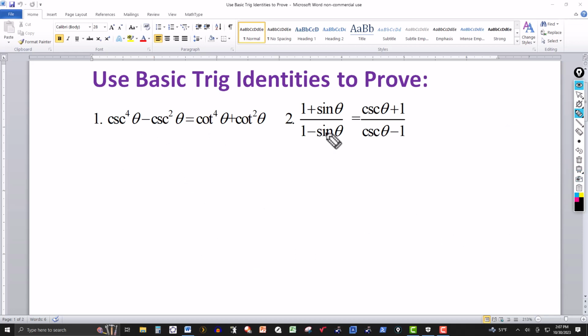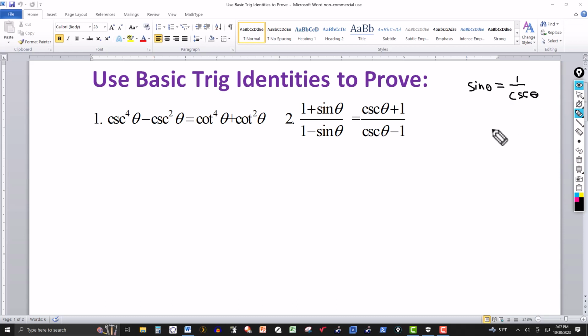Now on the second identity, all we're going to do here is use the fact that sine of theta is equal to 1 over cosecant. In other words, sine and cosecant are reciprocals.